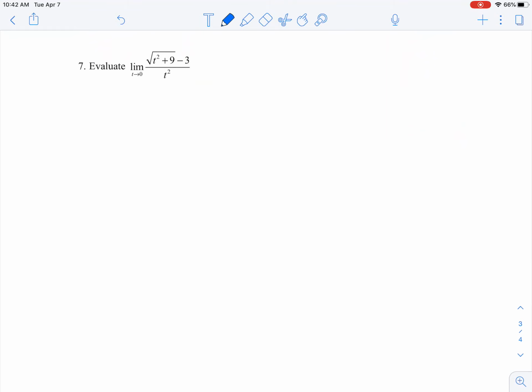Next, evaluate the limit as t approaches 0 of the square root of t squared plus 9, minus 3, over t squared. Nothing to expand in the numerator. That root really doesn't want to be helped. And no factors evident that we could cancel with down below.